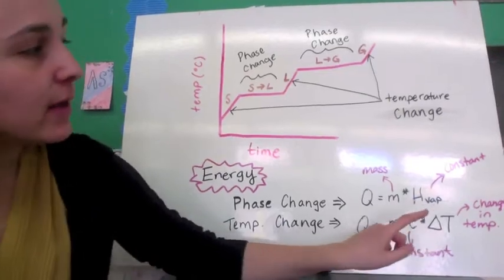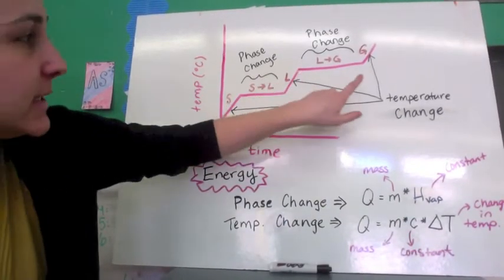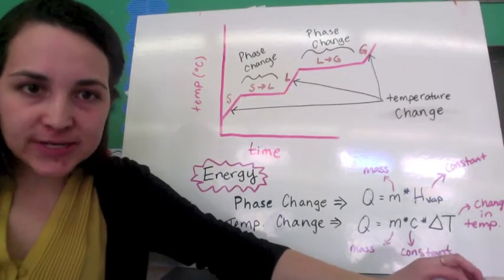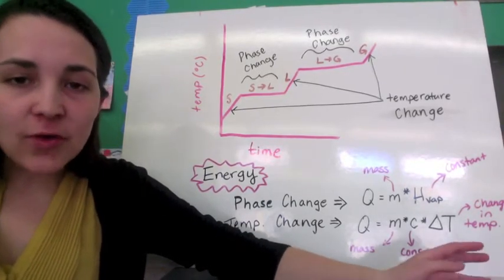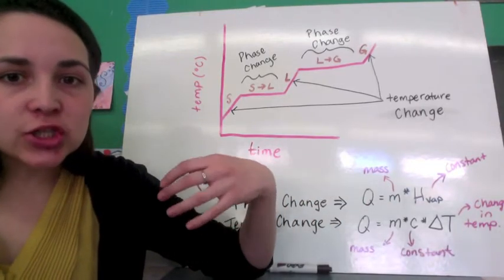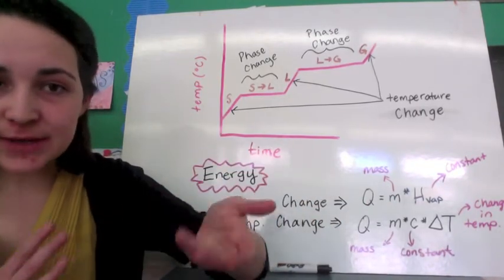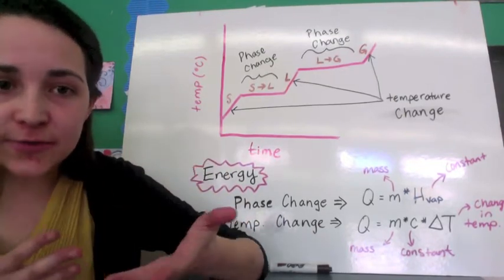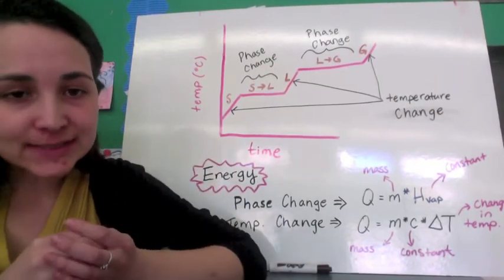So if you're going from liquid to gas, you would be looking here at the heat of vaporization. All right? Now, if you were going, let's say, from solid to liquid, it would be a different heat. If you're going from liquid to solid, you would have the heat of fusion because you're fusing back together.